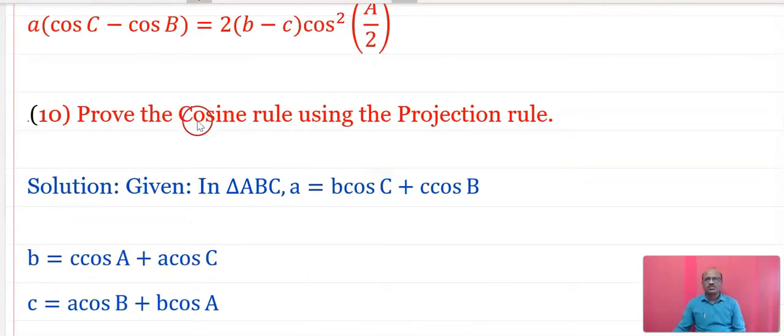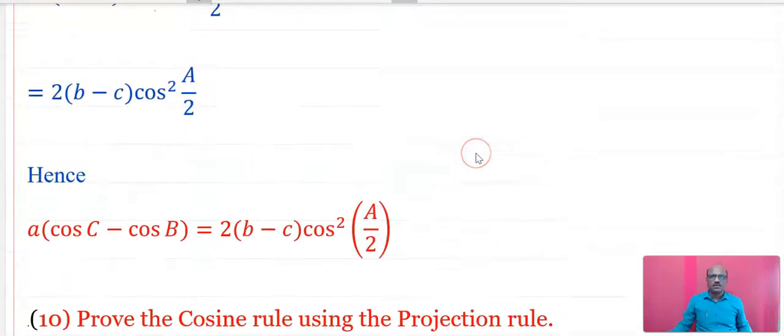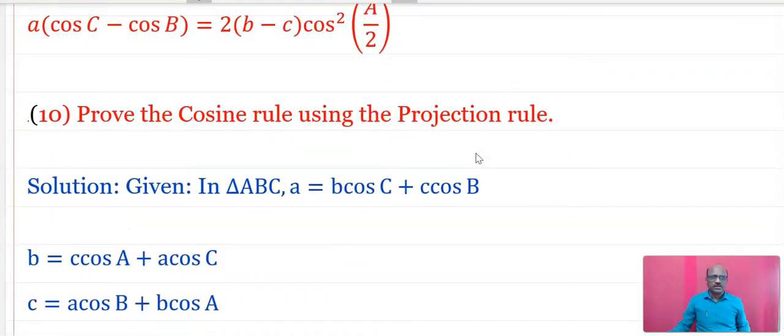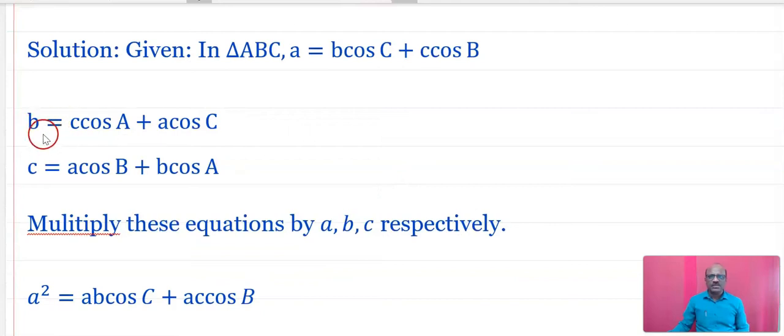Now next, prove the cosine rule using projection rule. Given in triangle ABC, a is equal to b cos C plus c cos B, b is equal to c cos A plus a cos C, c is equal to a cos B plus b cos A. Multiply these equations by a, b, c respectively.